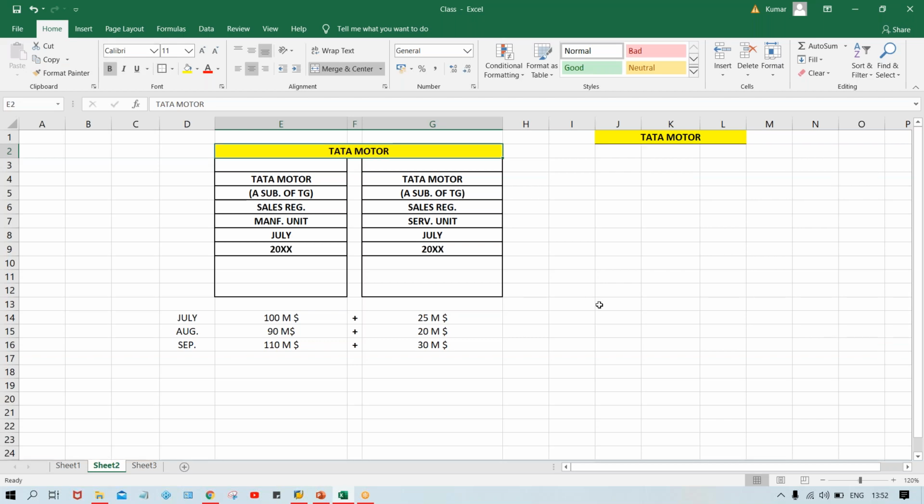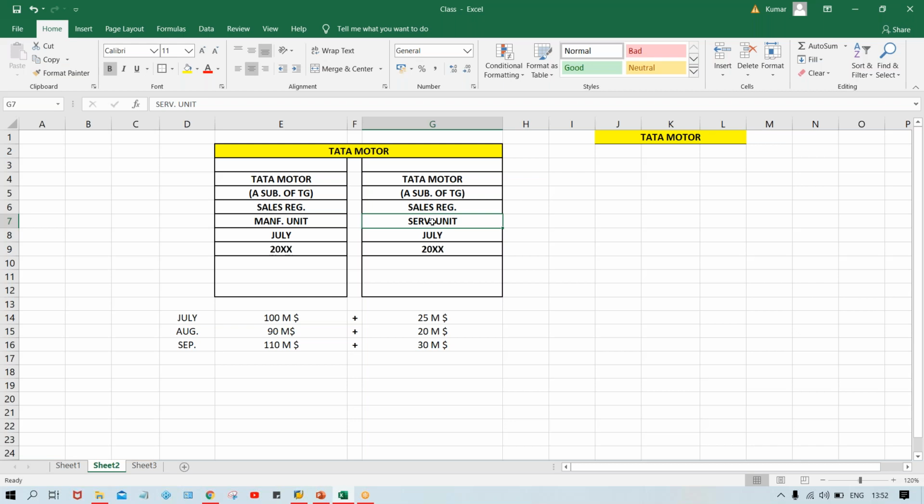Tata Motor means this one plus this one, service plus manufacturing, right? Now what is the need of segregating this at manufacturing unit level and service unit level? Because at the micro level, if there is a requirement to know how much revenue came from the manufacturing unit and how much from the service unit, this is possible only if two different registers are there, right?